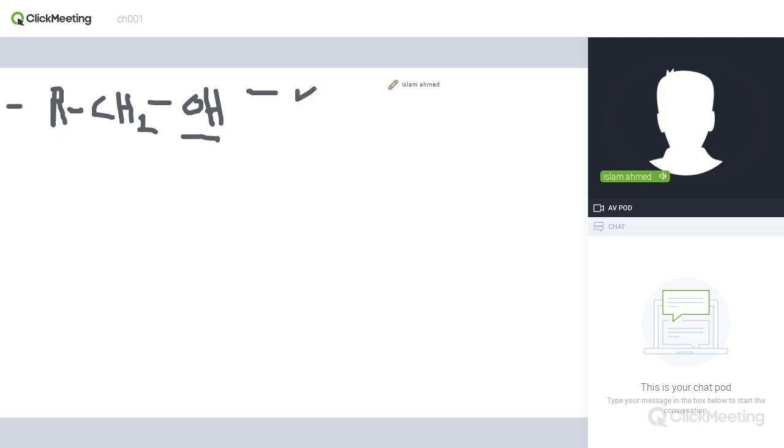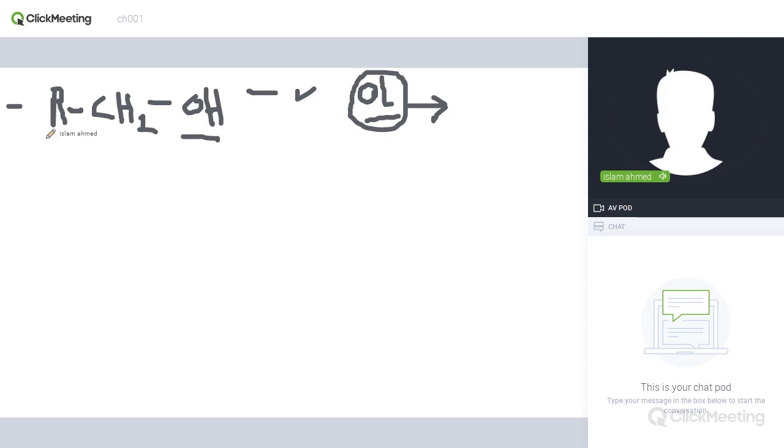In the nomenclature process, it takes OL at the end of the molecule, as we have seen in the example I have shown you before. Another important thing: if I ask you, is that compound water soluble or lipid soluble?